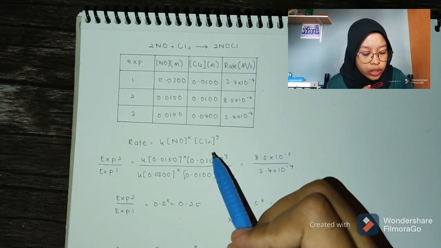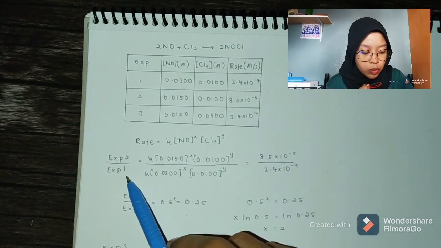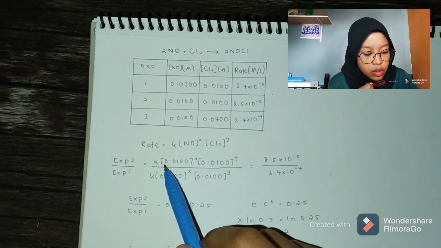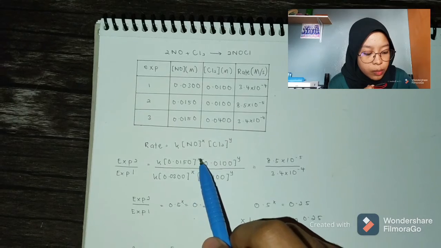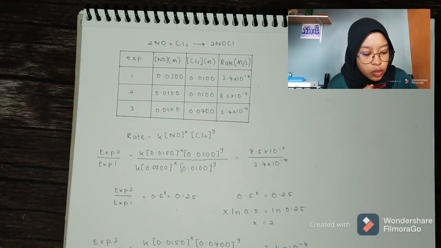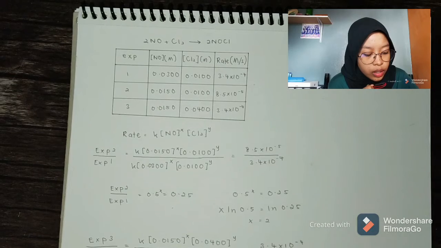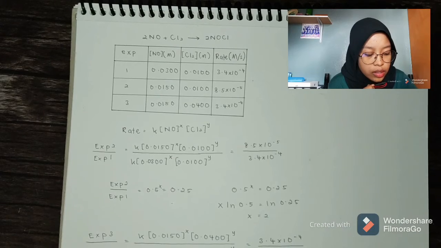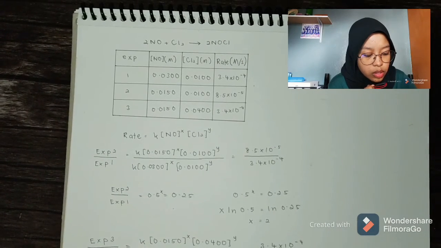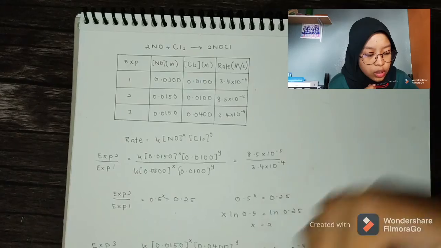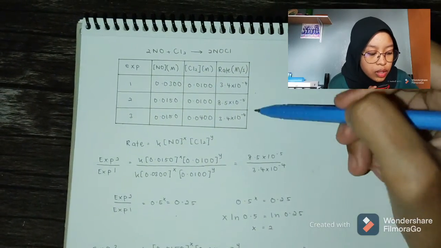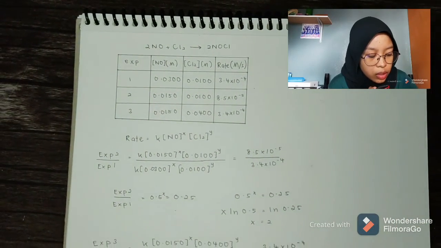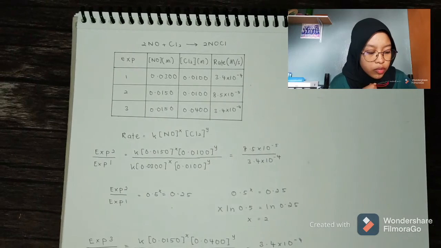So we write the equation experiment 2 over experiment 1 equals k 0.0150 to the power of x, 0.0100 to the power of y, divided by k 0.0300 to the power of x times 0.0100 to the power of y, equals the rate, which is 8.5 times 10 to the power of negative 5 divided by 3.4 times 10 to the power of negative 4.